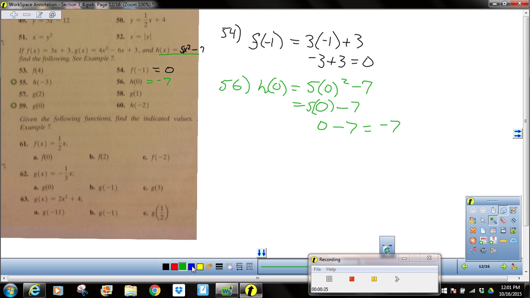Alright, next one, that's number 58. G of 1, that means in the g of x function, I'm going to substitute 1 for x.